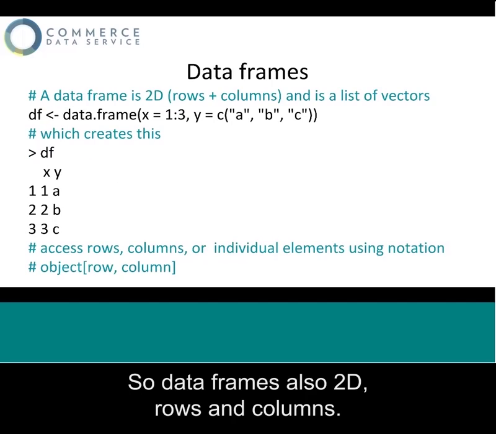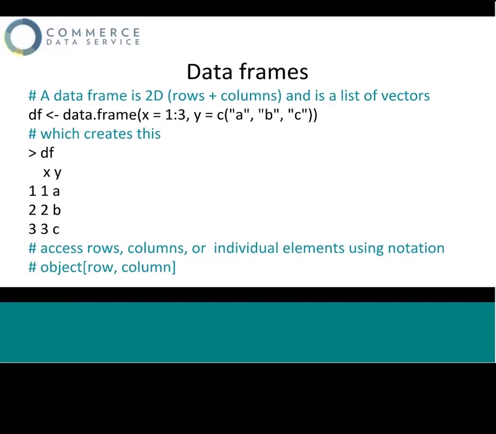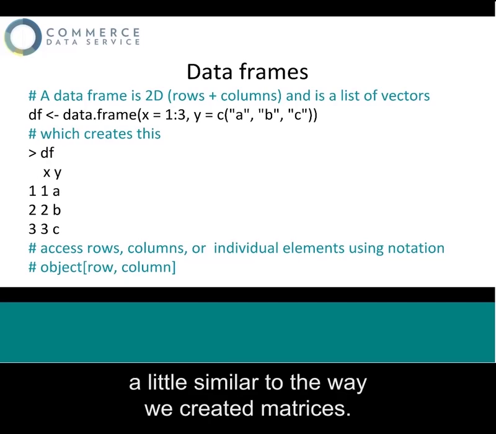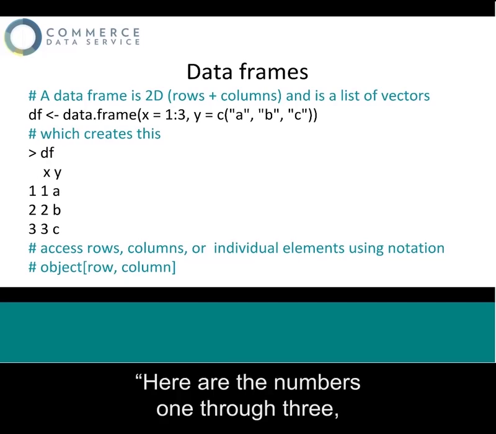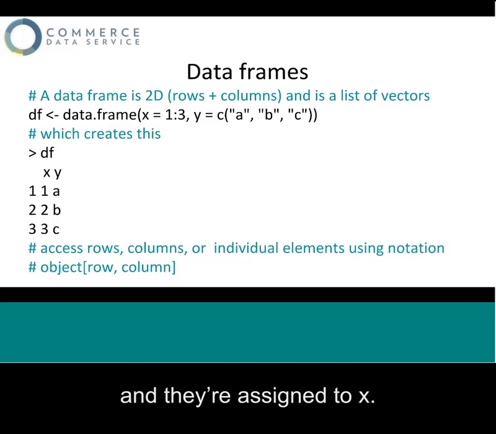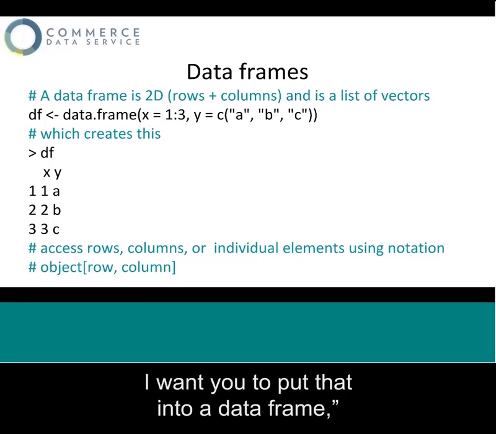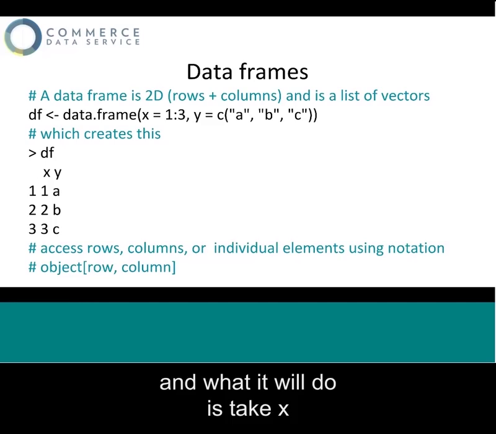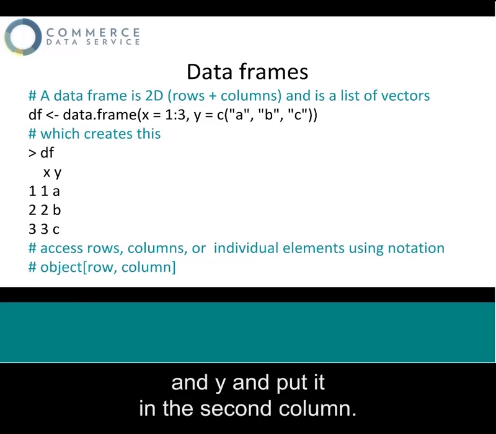So data frames are also 2D, rows and columns, and they can be made up of a list of vectors. What you'll see is this looks a little similar to the way we created matrices. We're saying, here are the numbers 1 through 3, and they are assigned to X. And here is A, B, and C, and they're assigned to Y. I want you to put that into a data frame, and what it will do is take X and put it in one column, and Y and put it in the second column.